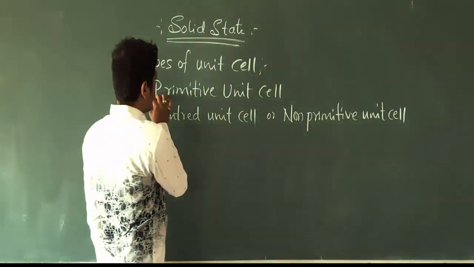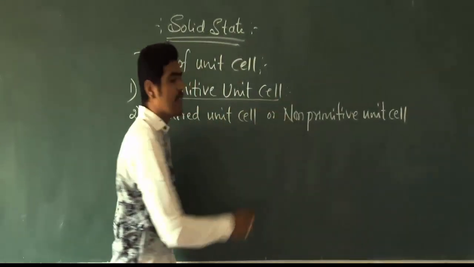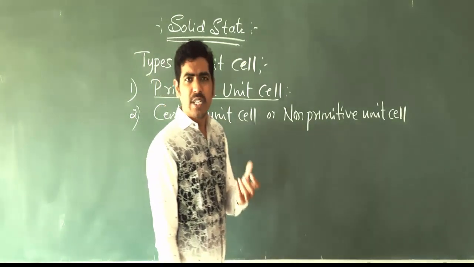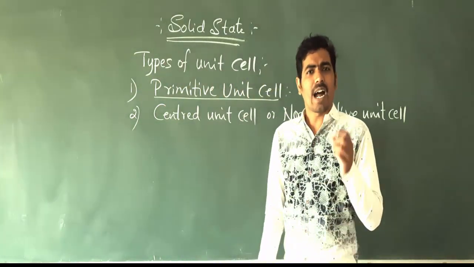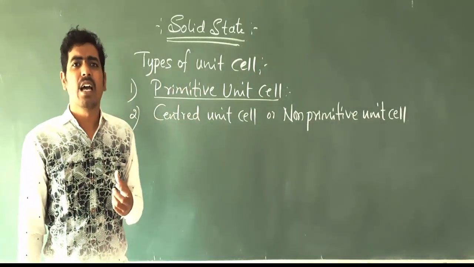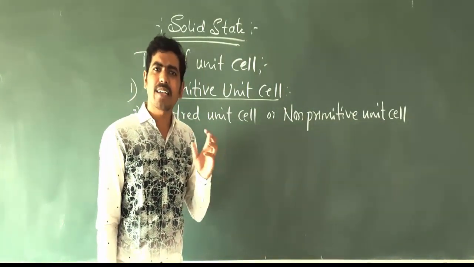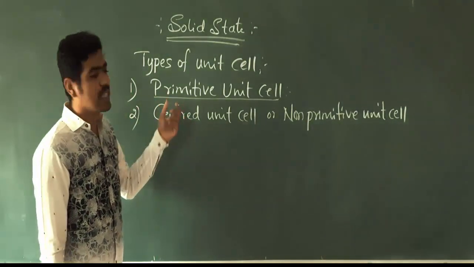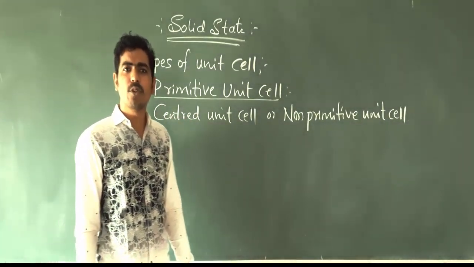So first we see what this primitive unit cell means. A primitive unit cell is the unit cell in which the atoms or ions or any particles are present only at the corners of the unit cell. Such a type of unit cell is said to be a primitive unit cell.